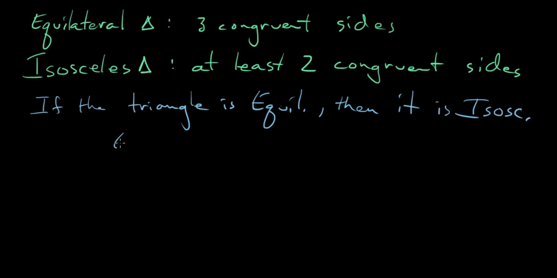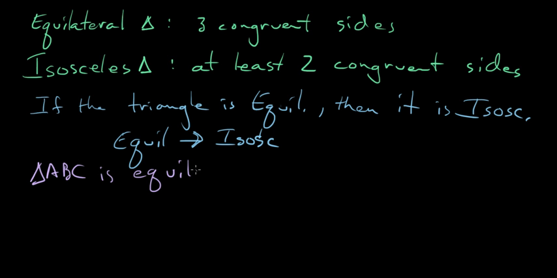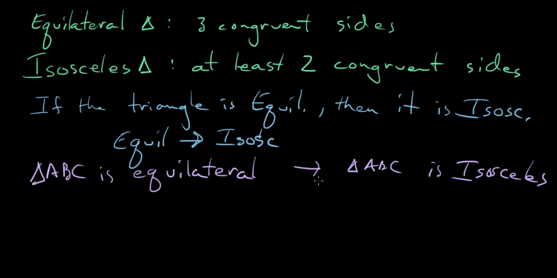So what we're saying is equilateral implies isosceles. And so we're saying triangle ABC is equilateral. So what does that mean? Well, triangle ABC is isosceles. Well, how do I know that? Because if it's equilateral, it's going to be isosceles.